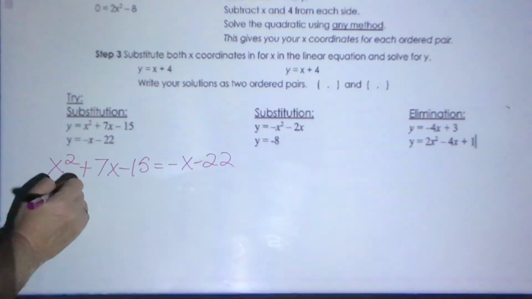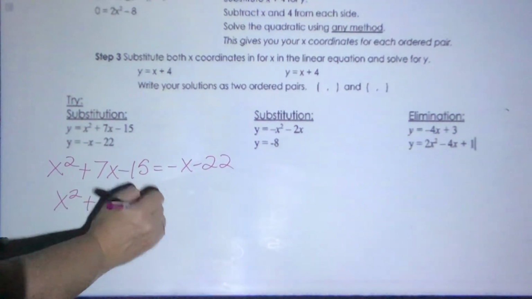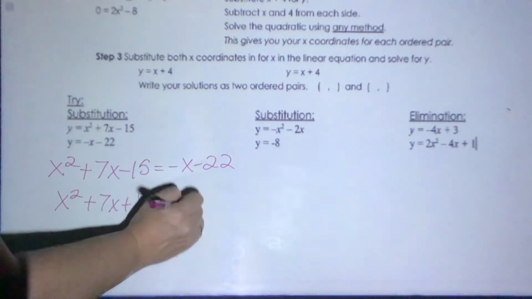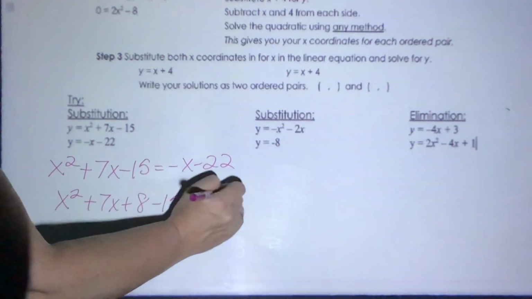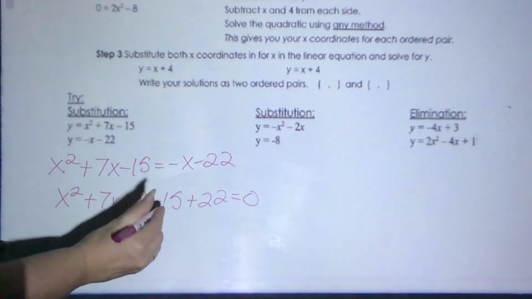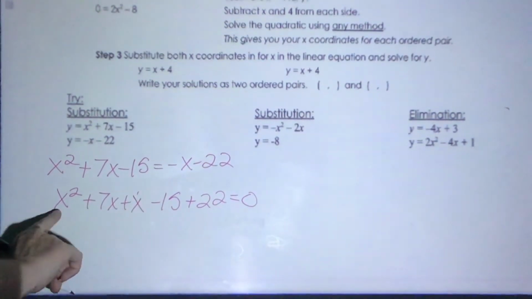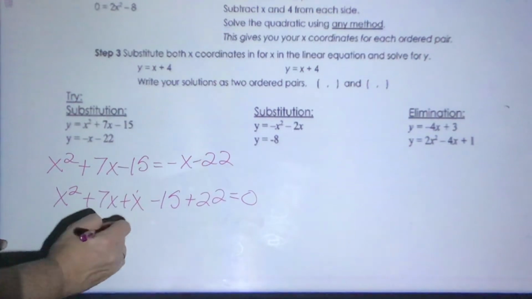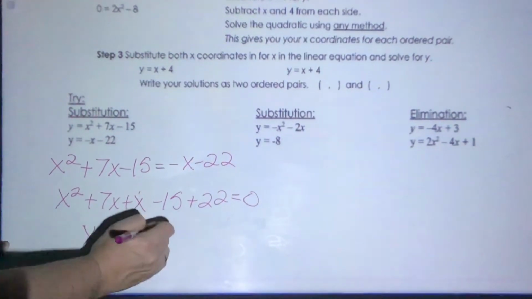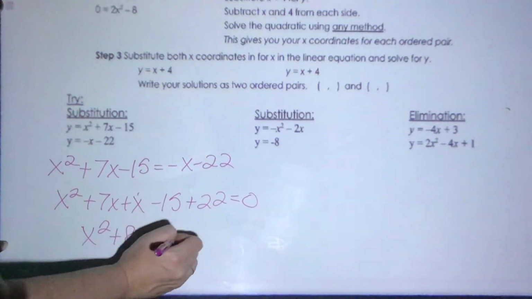So I'm going to bring over the negative x as a positive x, and I'm going to bring over the negative 22 as a positive 22. Now I want to combine my like terms. So if I combine my x's, I get 8x. If I combine negative 15 and positive 22, I get positive 7.